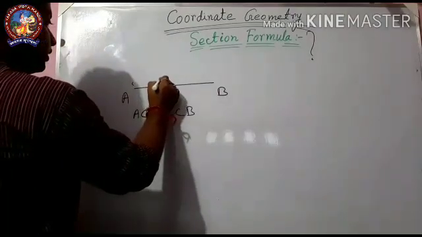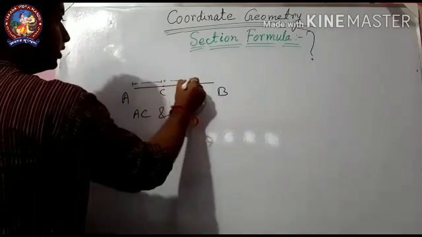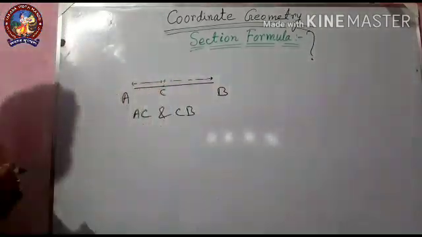This length is AC and this much length is CB.